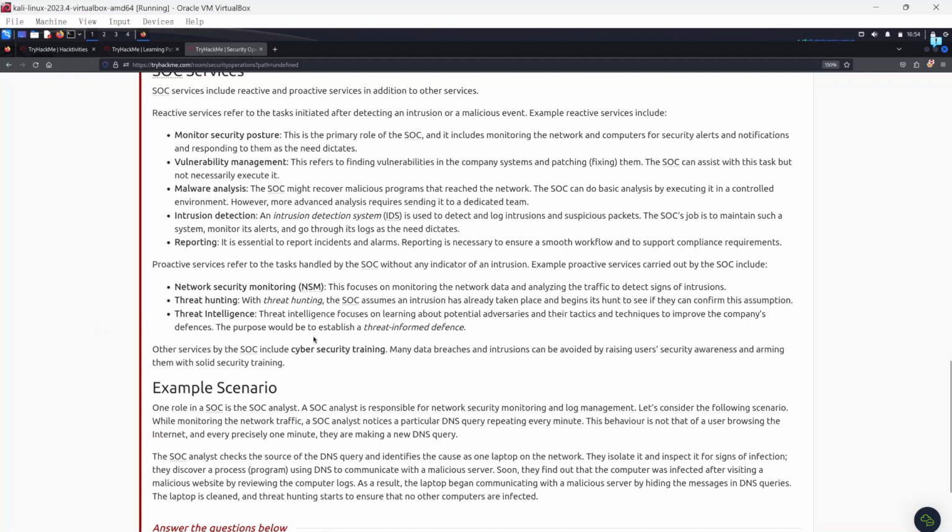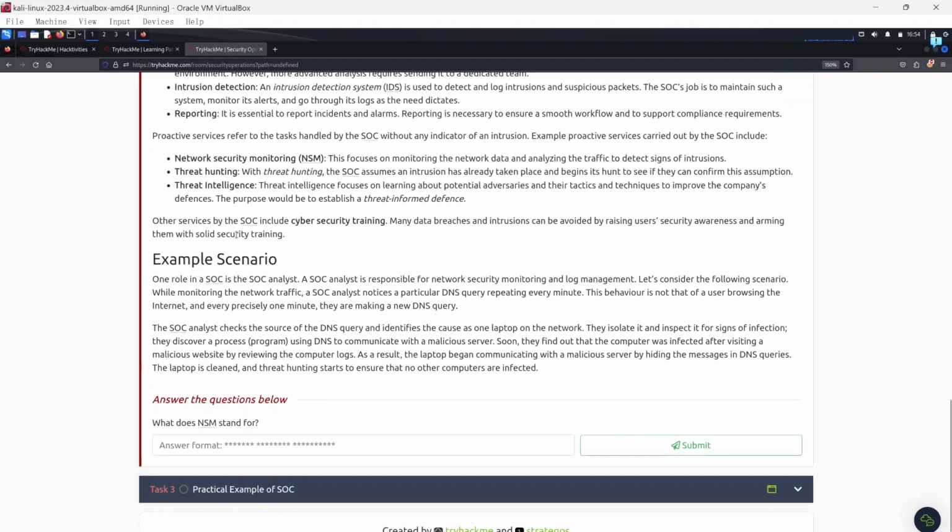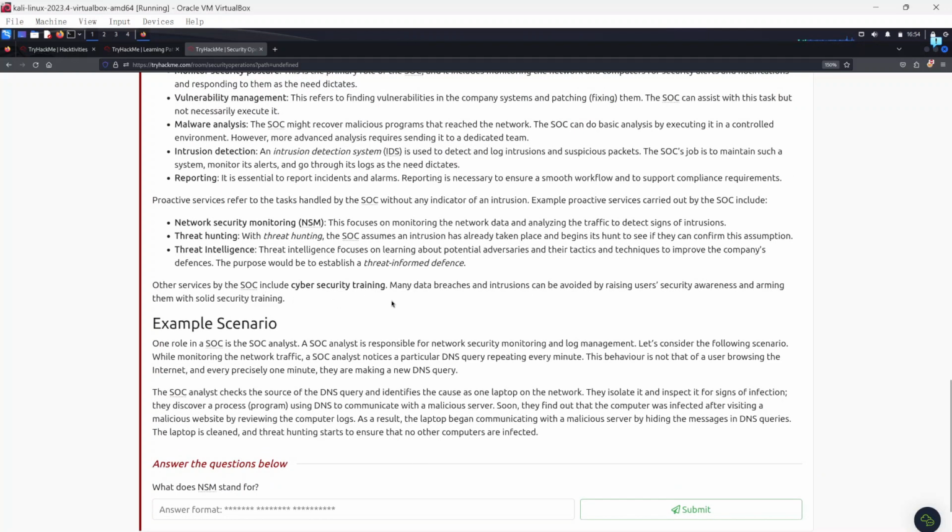Now, the purpose would be to establish a threat-informed defense. Other services by the SOC include cybersecurity training. Many data breaches and intrusions can be avoided by raising users' security awareness and arming them with solid security training.